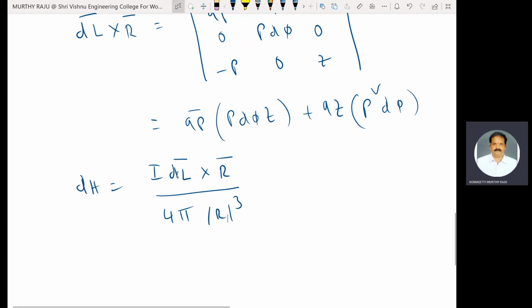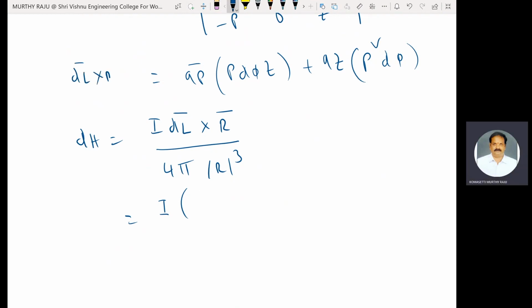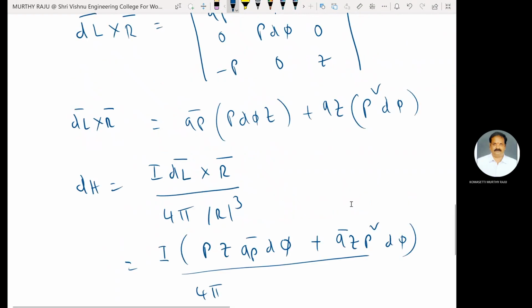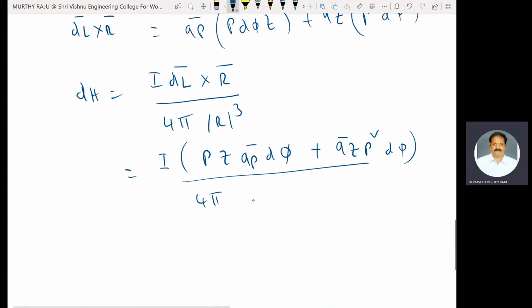We know that dl bar cross r bar is, substituting, I into rho z a rho d phi plus a z rho square d phi, divided by 4 pi into rho square plus z square whole power 3 by 2. This is the dH.